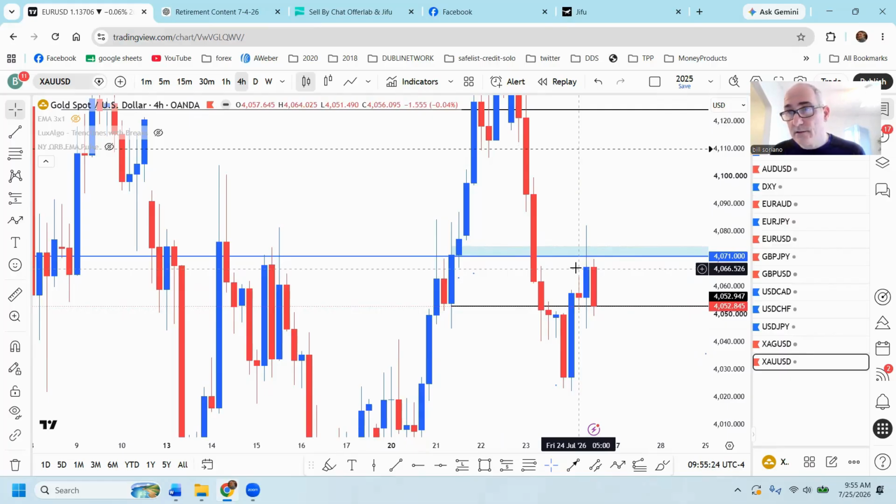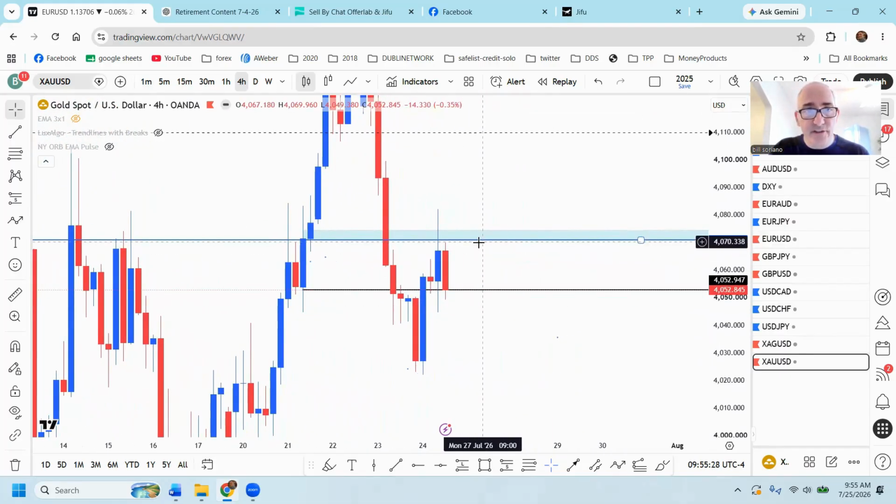Now you notice how we have this trading range here that is above that zone. And you might say, well, Bill, why are you looking to take a short position if price moves up above there? The reason is because, again, we need a 4-hour candle to open and close above this area in order for us to get a valid break of structure or change of character to change the trend.